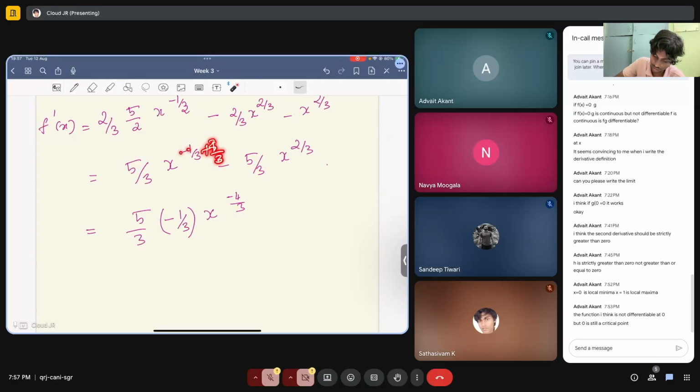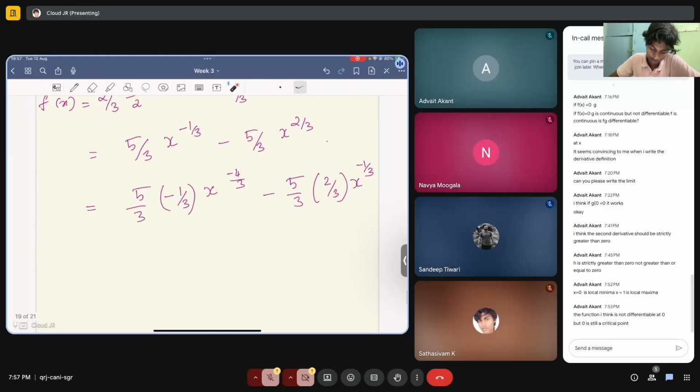So that is my x minus 1, so this is 3 by 3. I think it is right only. Minus 5 by 3 into 2 by 3. And then I have to compute x power 2 by 3 minus 1, which is minus 1 by 3. Okay, so that is good.